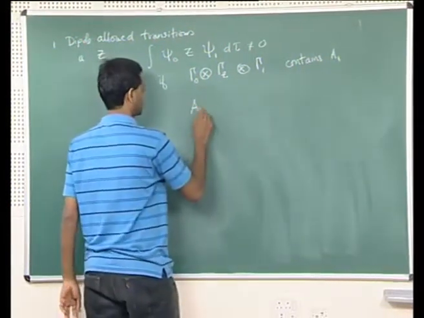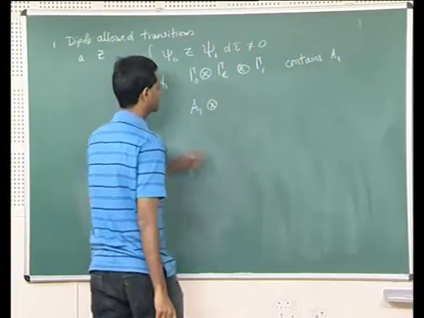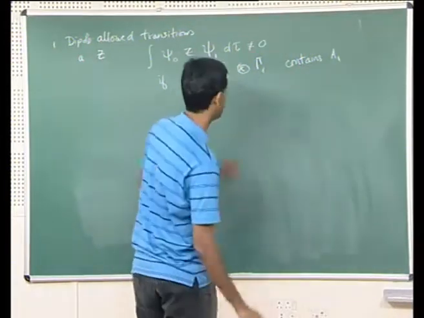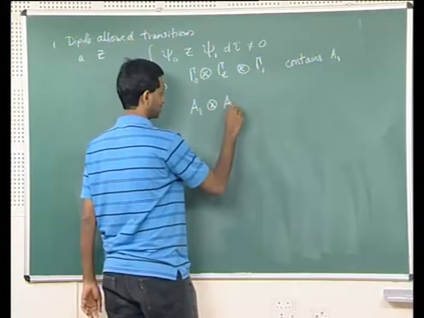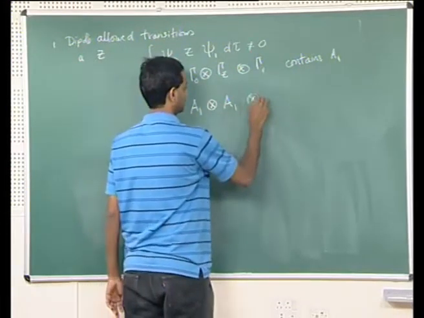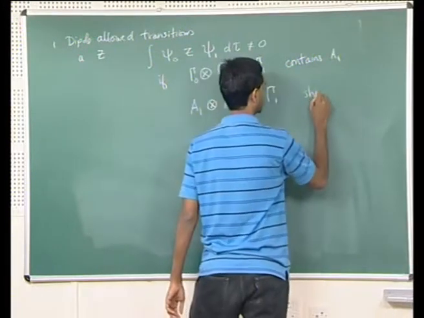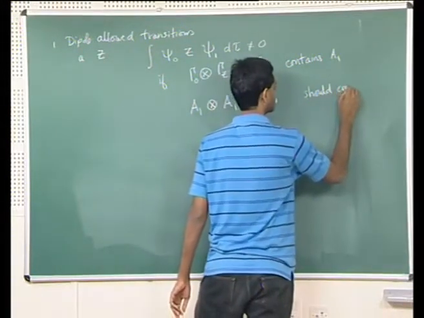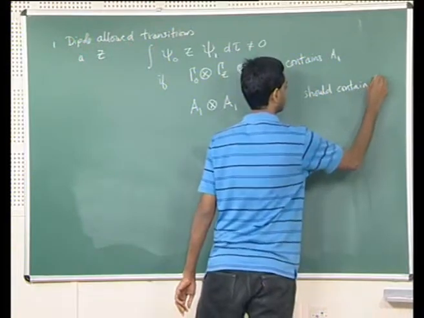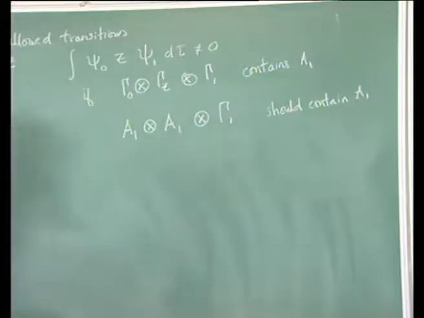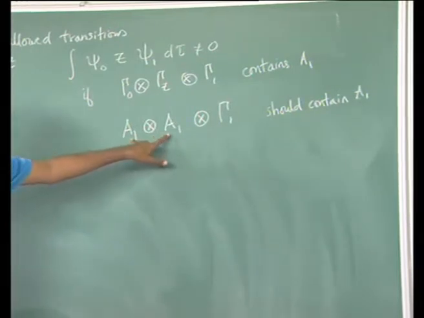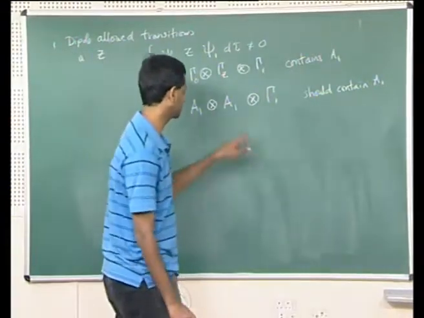So in other words, gamma z belongs to A1. So A1 direct product with A1, direct product with gamma 1 should contain A1. Now you can immediately see that if I take a direct product of A1 and A1, I will get back A1. Both these are one dimensional representations, so their direct products will just give me A1.